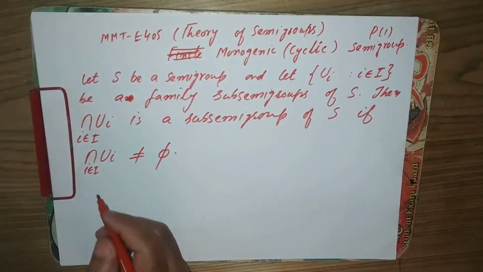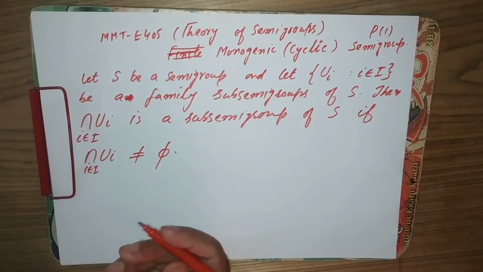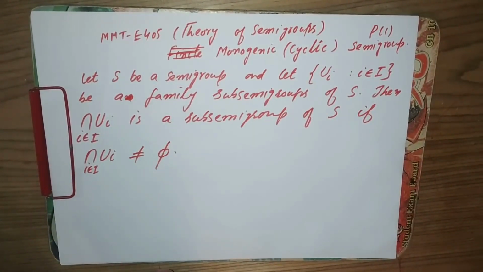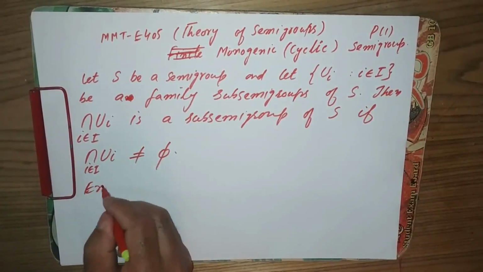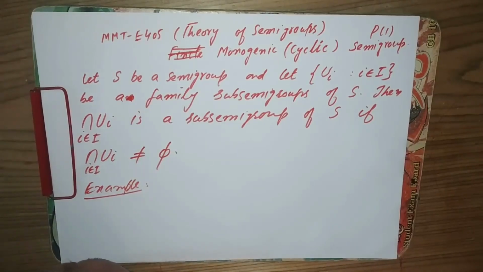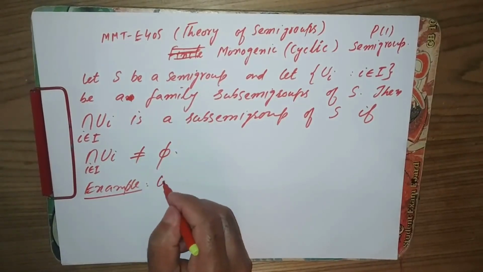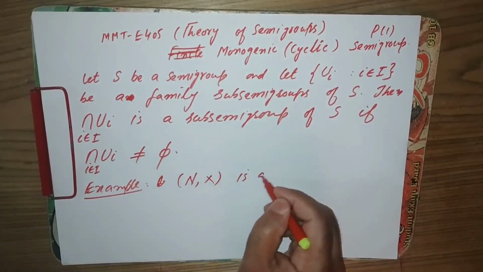For example, let's take two sub-semigroups of a given semigroup and show that their intersection is not a sub-semigroup. Let's take N with respect to multiplication, which is a semigroup.